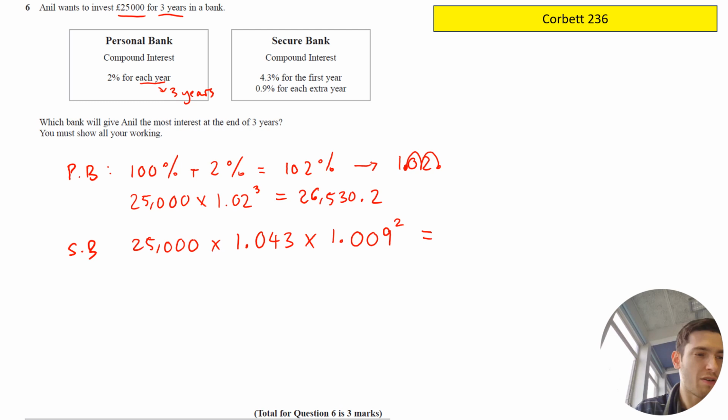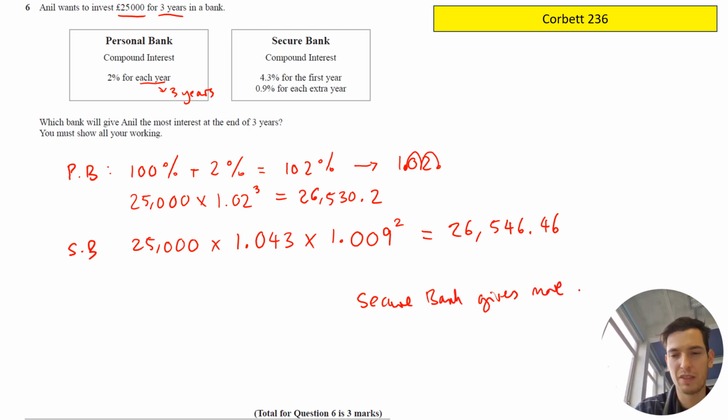So again, type that into your calculator. That gives you 26,546.46. And when you compare them, the second one is higher, so you just say Secure Bank gives more interest. Fine, let's move on, but a good one to practice if you are not quite sure or can't quite remember how to do it.